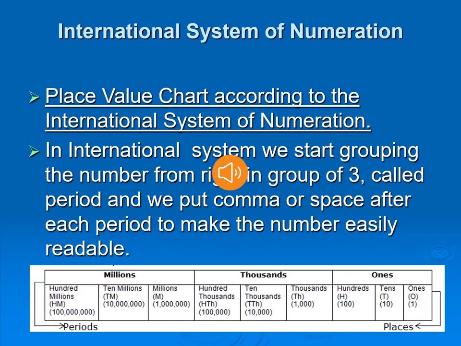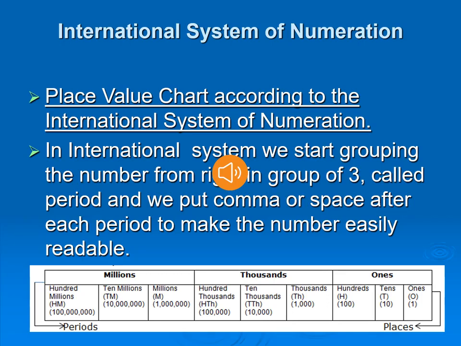International system of numeration. Place value chart according to the international system of numeration. In the international system, we start grouping the numbers from the right in groups of 3. These are called periods and we put commas or a space after each period to make the number easily readable.